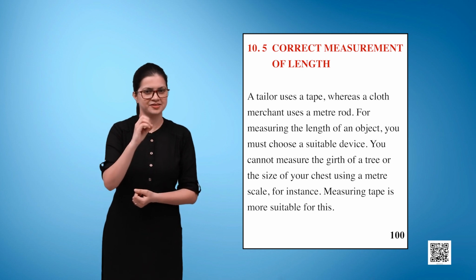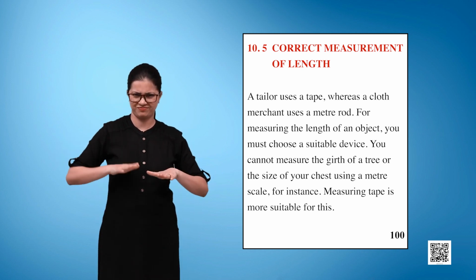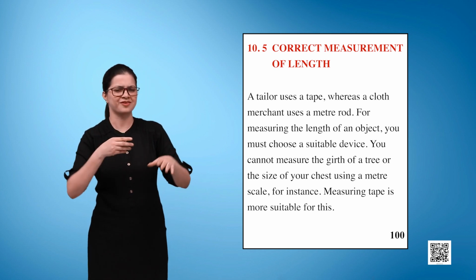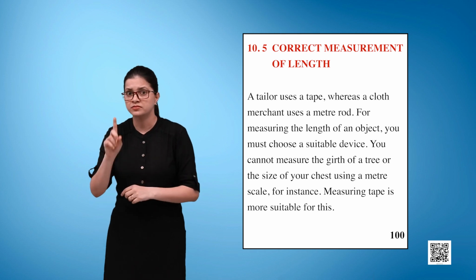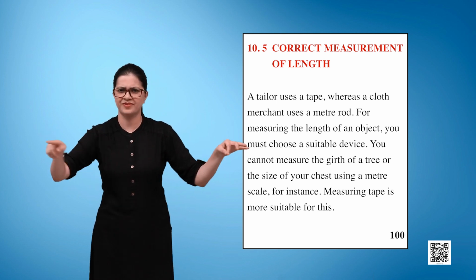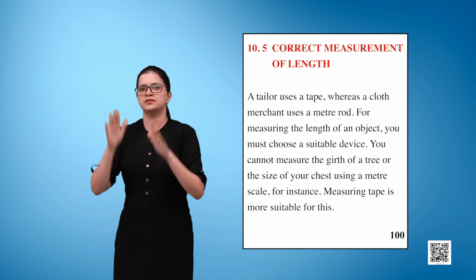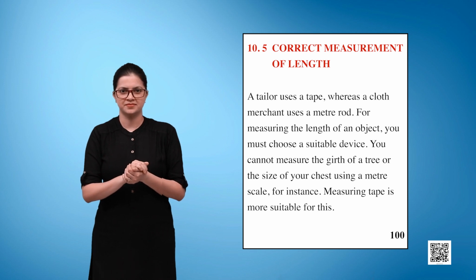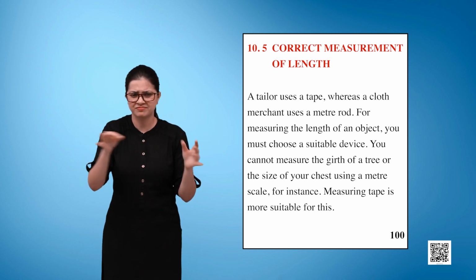Page 100. A tailor uses a tape, whereas a cloth merchant uses a meter rod. For measuring the length of an object, you must choose a suitable device.